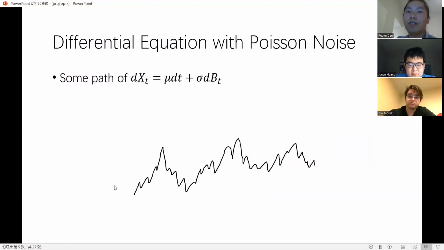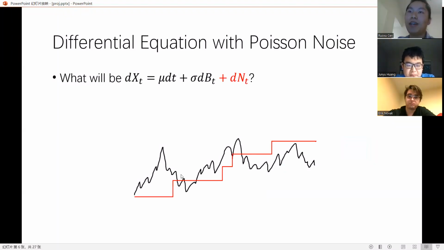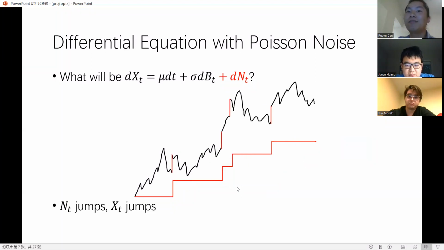Recall this is our familiar Ito process, and it has no jump. But if we want to add some jump like this, d N_t, then what will happen? We get a new path where, when N_t has a jump, we also have the same jump in the path of X_t.